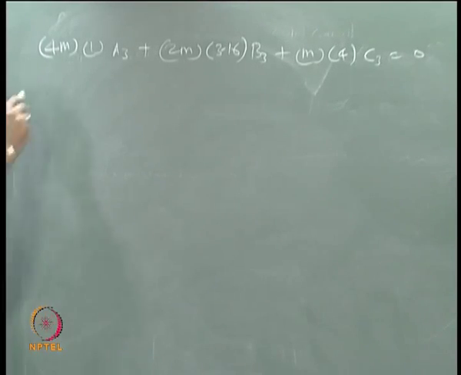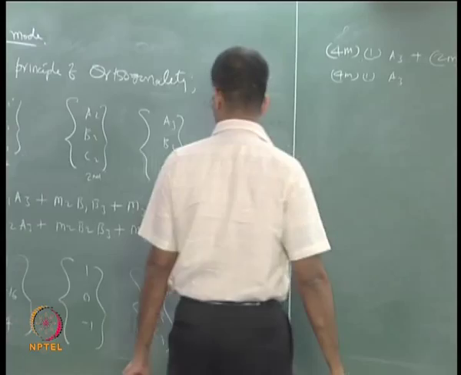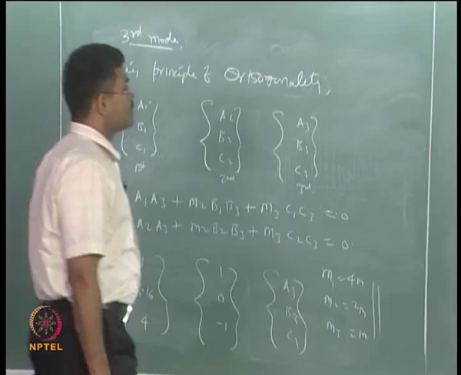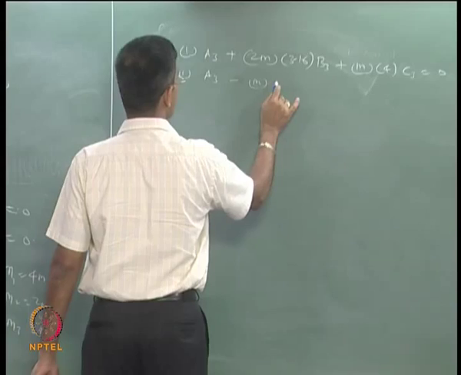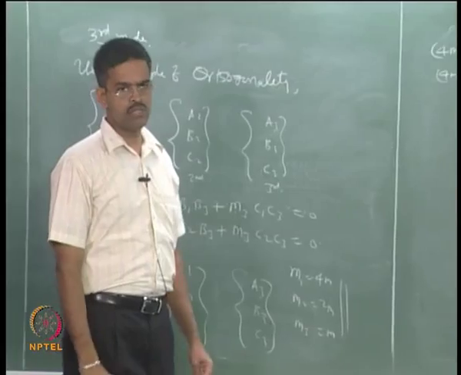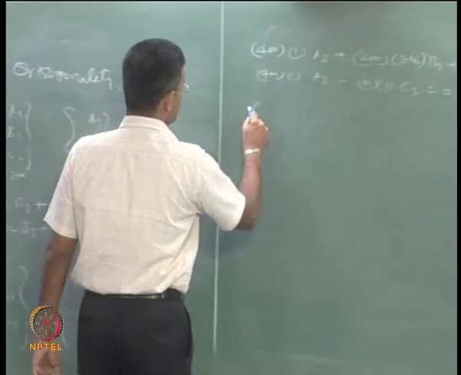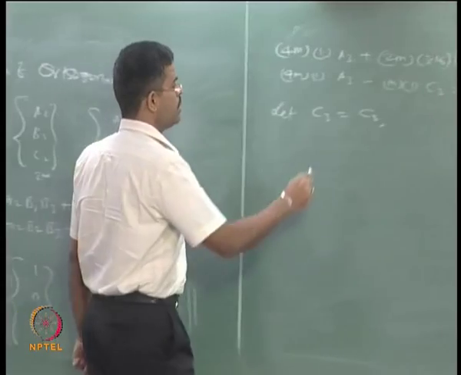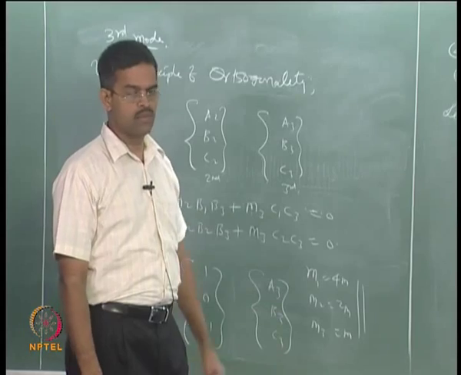The second equation, 4m of 1 of A3, B3 term will not exist because this is cancelling, plus m of, okay, let us minus m of 1 of C3 is set to 0. So I got 2 equations, but still I have 3 unknowns. I can set one, let us say let C3 be indicated as C3 itself. This may be looking a very funny statement, but we have got to assign this to solve these 2 equations.